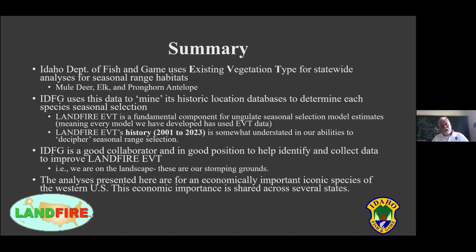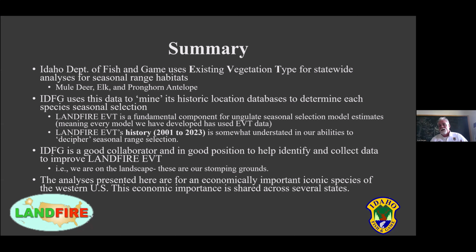And then I guess also it's worth mentioning within the times right now, the way that we're using this is for an economically important iconic species of the Western United States. It's very important in Idaho, but it's not just Idaho, it's Utah, Montana, Wyoming.